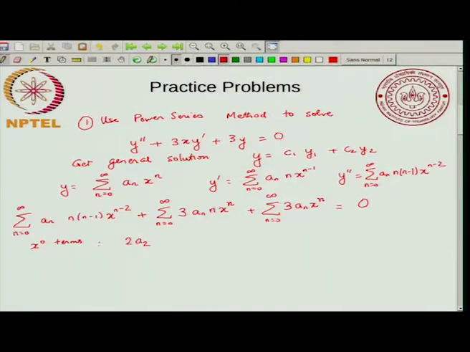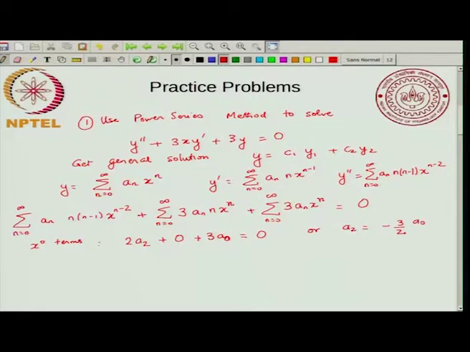In this case if you have n equal to 0, the n equal to 0 term is 0, so you get plus 0. In this case n equal to 0, now you have 3an or a0, so a0. So you have this equal to 0, or a2 equal to minus 3a0 by 2.